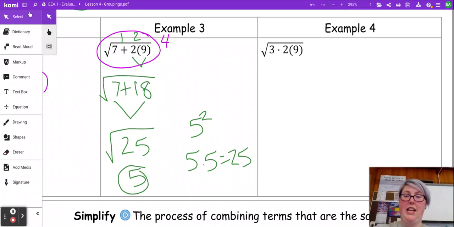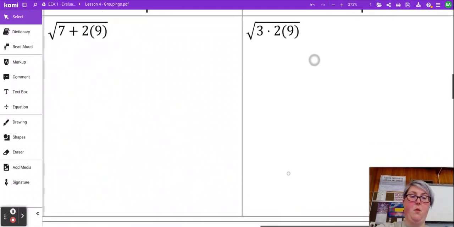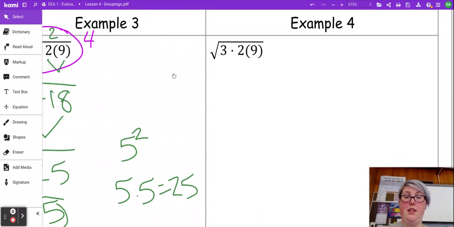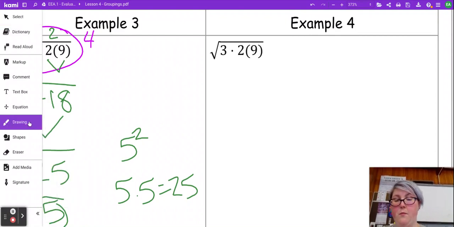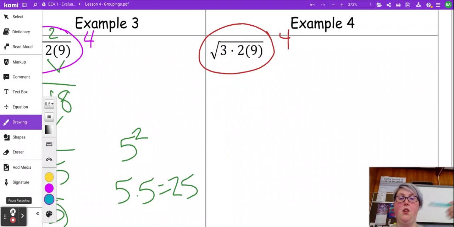Our last example, example 4, is similar. We still have a square root. However, we have 3 times 2 parentheses 9. All of this together is a level 4, which means we need to look inside. 3 times 2 is a level 2. We know that 2 parentheses 9 means multiplication.